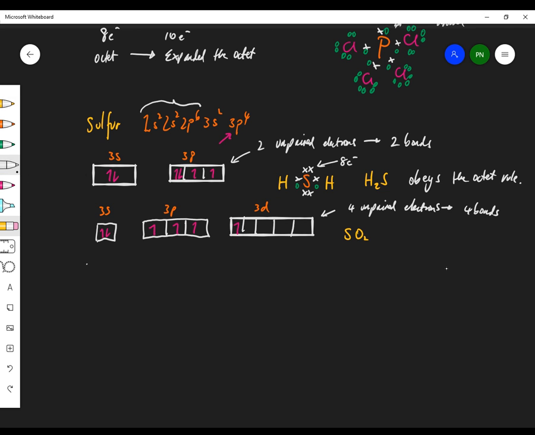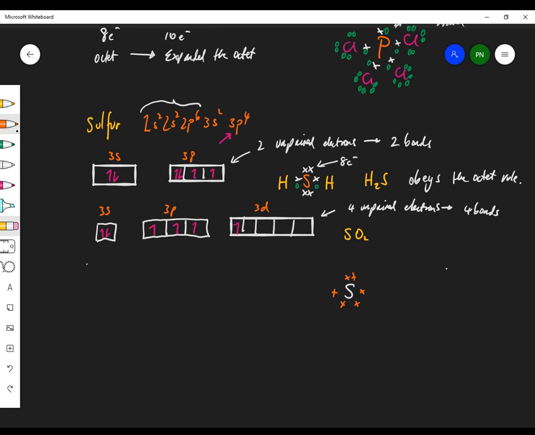So let's very quickly draw sulfur dioxide. Sulfur is going to form a double bond there and a double bond there.